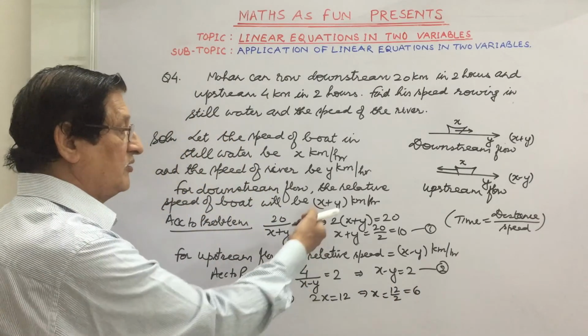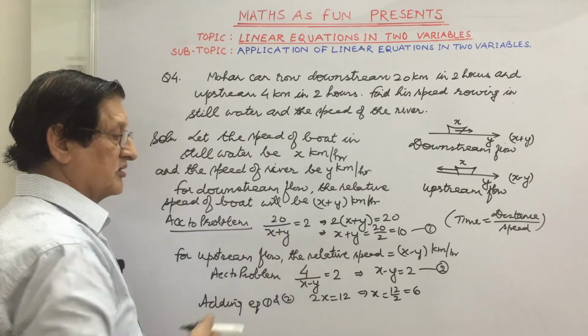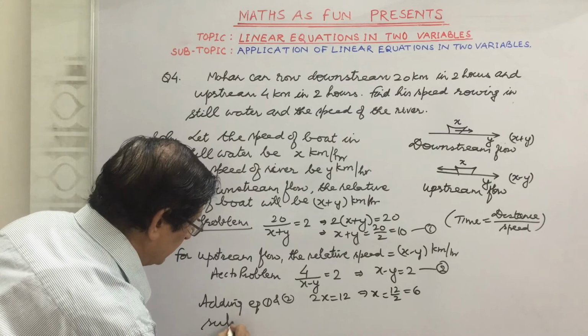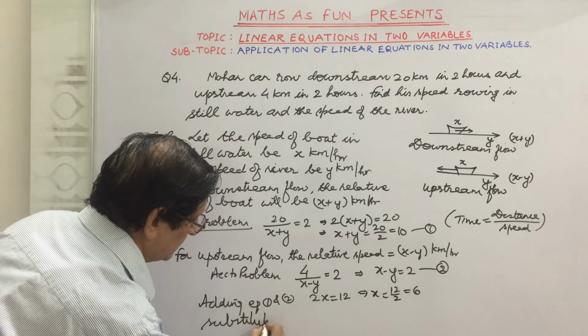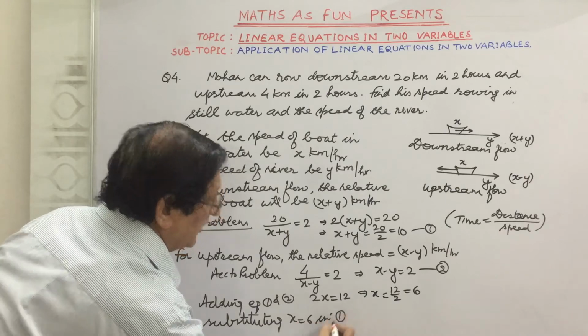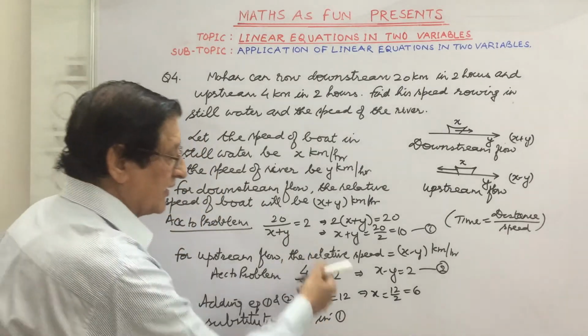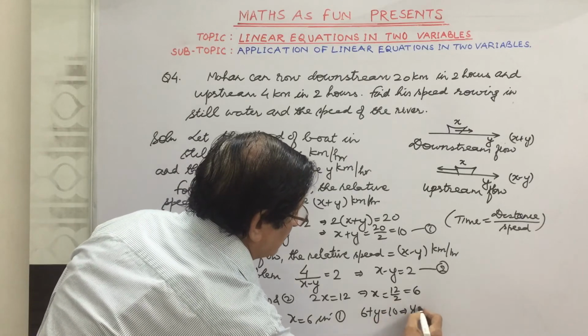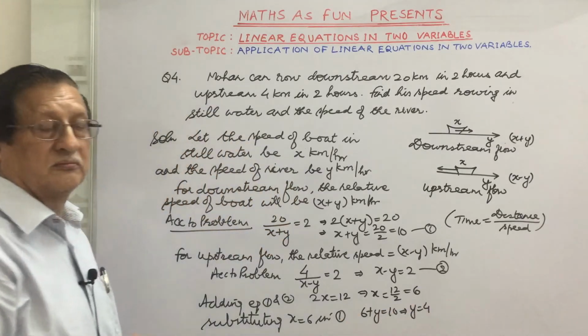Now we can put the value of x in equation number 1. Substituting x equal to 6 in 1, we get 6 plus y equal to 10, it means y is equal to 4.